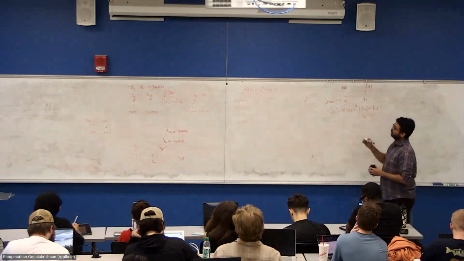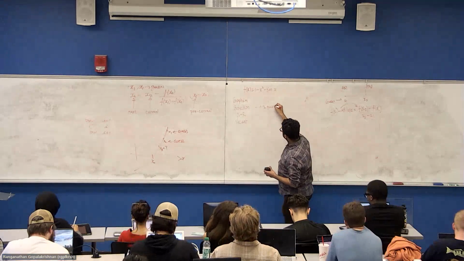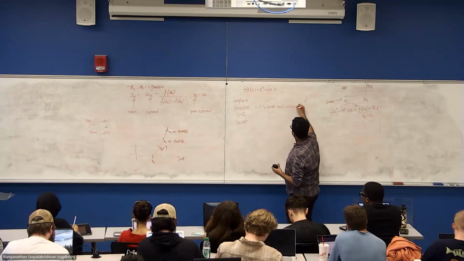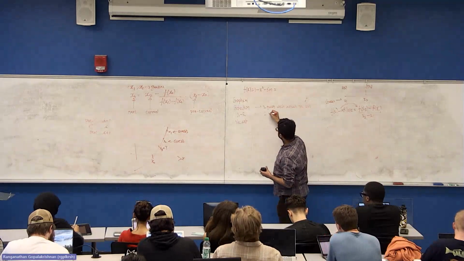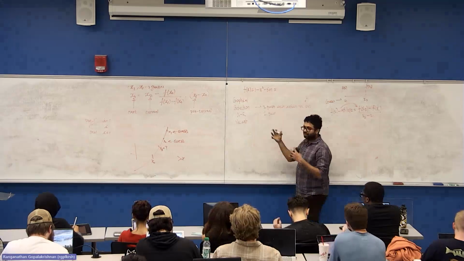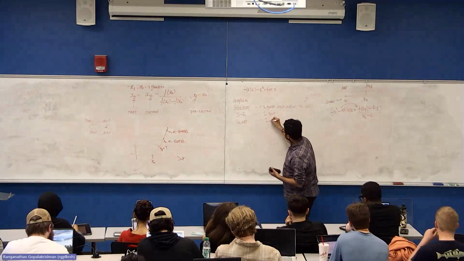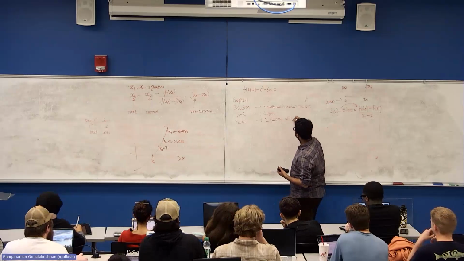Bisection involves two guesses which contain the root. Newton-Raphson involves one guess which can be arbitrarily close or far away from the root. And this involves two guesses, but no constraints.